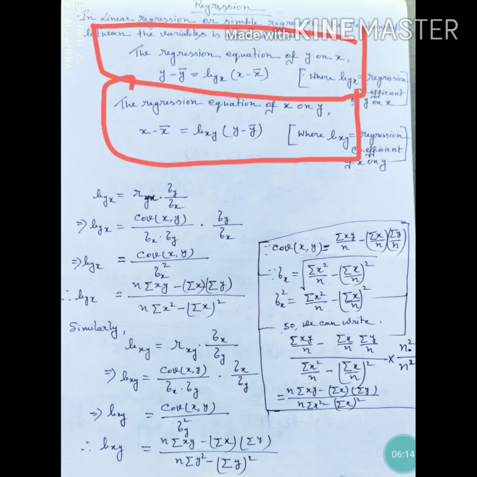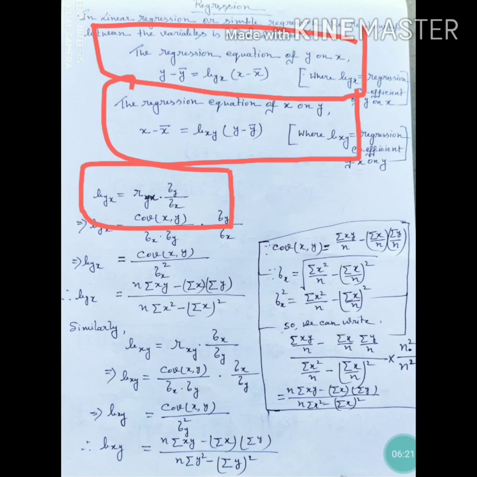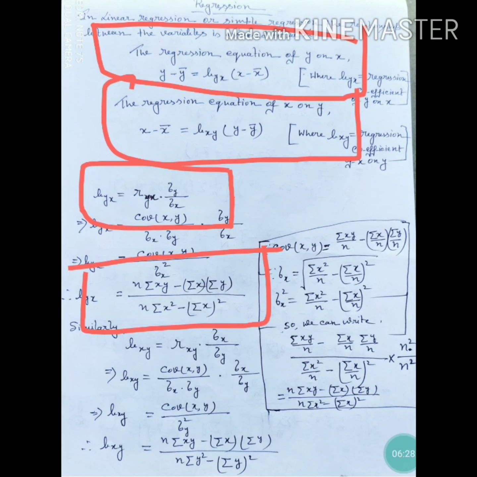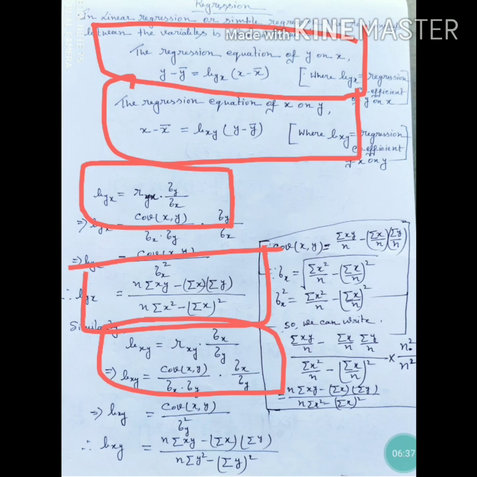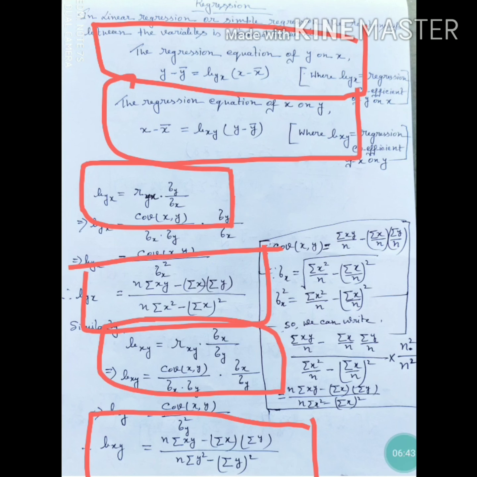The regression coefficient of y on x is ryx into sigma y divided by sigma x, and after deriving we got byx equals n into summation xy minus summation x into summation y divided by n into summation x square minus summation x whole square. The regression coefficient of x on y is rxy into sigma x divided by sigma y, and after deriving we got bxy equals n into summation xy minus summation x into summation y divided by n into summation y square minus summation y whole square.